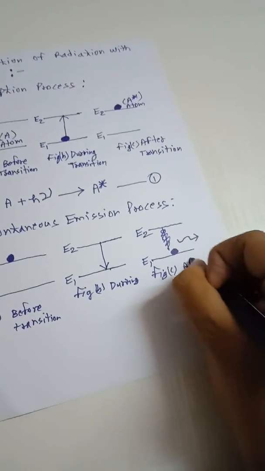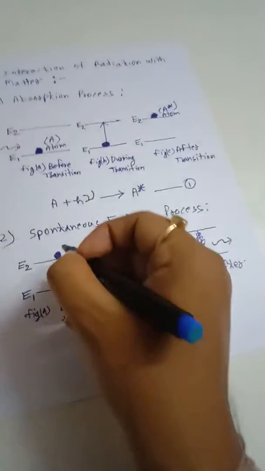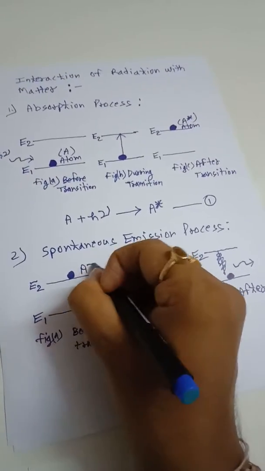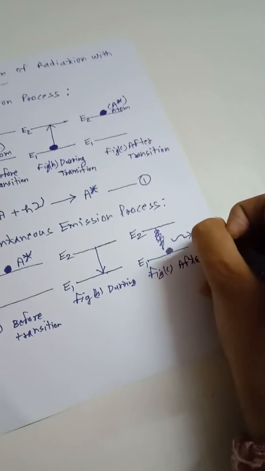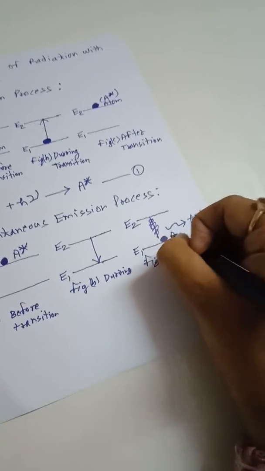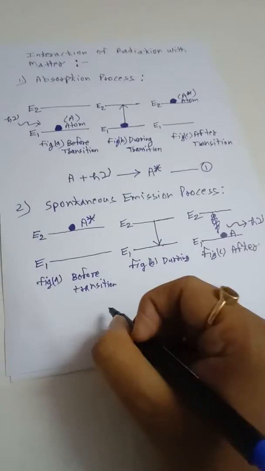Clear? So the atom which is in the excited state is denoted by A star, and h nu photons are emitted, and the atom comes to the ground state and becomes A. What mathematical equation can be written for this?